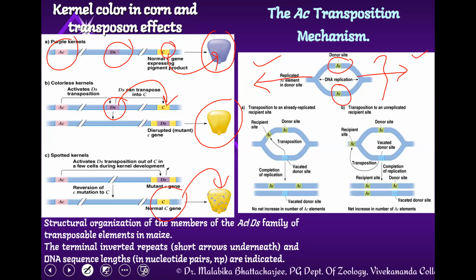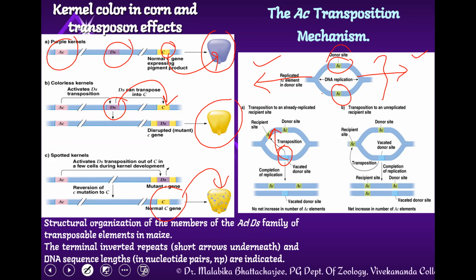So replication is proceeding in this direction on this side and in this direction on this side. Now, let us look into the two conditions. In the first condition, once the replication has occurred, the AC was copied from the mother strand. Now it jumps again. Once it jumps again, one of the strands becomes vacated. So there is no AC present, but the other strand, after replication has completed, contains two AC elements.